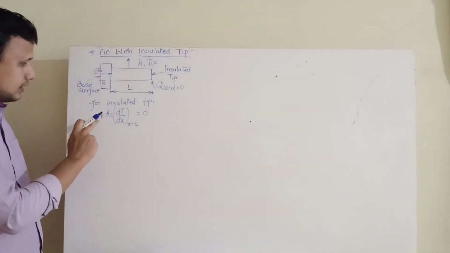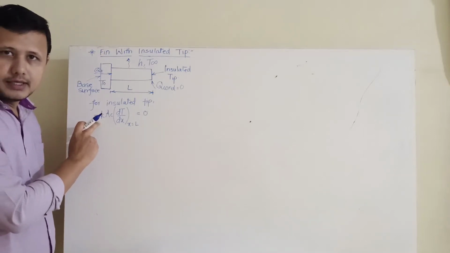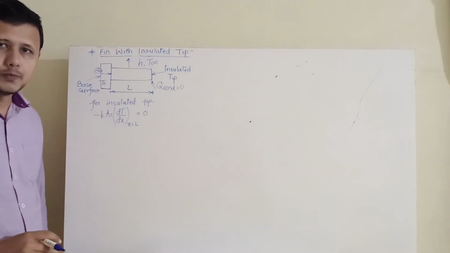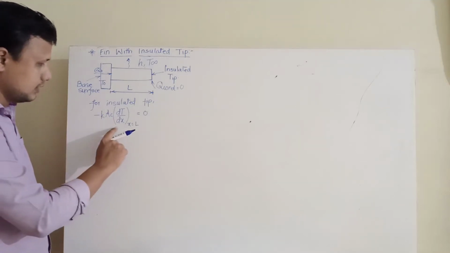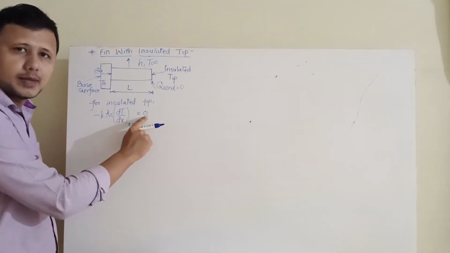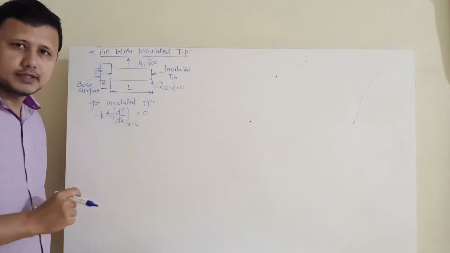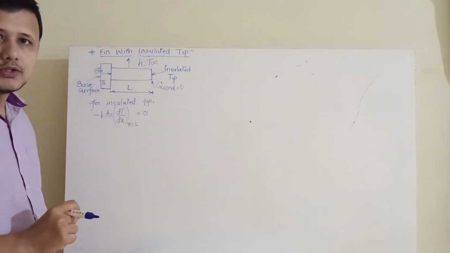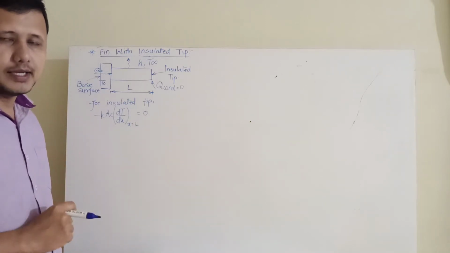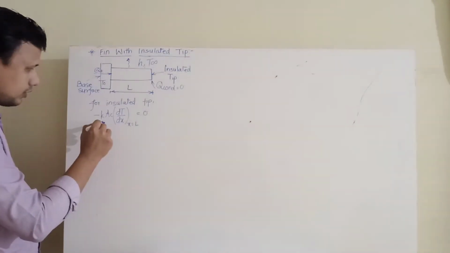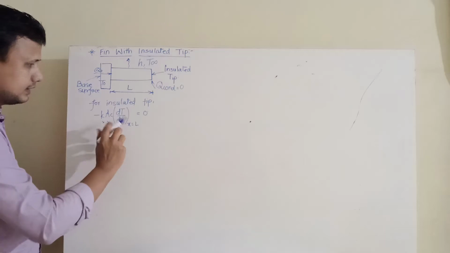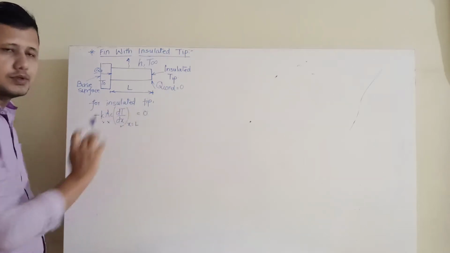Now we know that the conductivity of any material cannot be exactly equal to 0. Also the cross-section area cannot be 0, which means this is the only quantity which can become 0 in case of an insulated tip. We also understood this in the lecture on initial and boundary conditions. Because these two cannot be affected at all, only this is equal to 0.